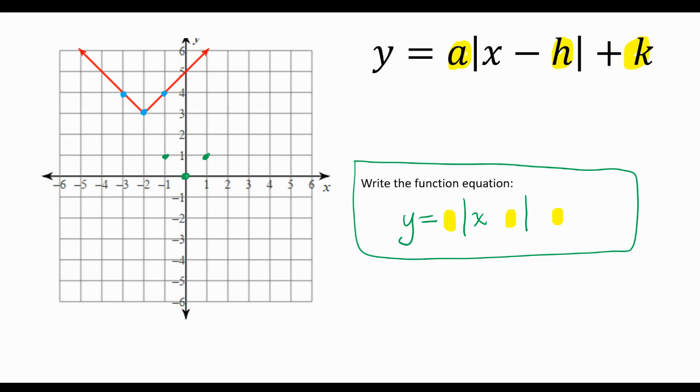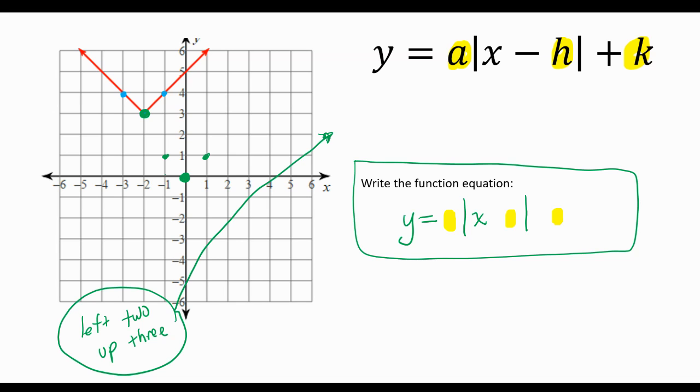So if you just watch the vertex, this big green dot, and match it up to this one, this graph moved left 2. So it went 1, 2 to the left, and then it went 1, 2, 3 up 3. So how do we take left 2, up 3 into our formula?